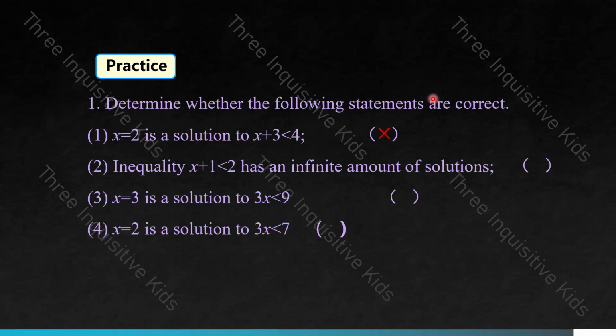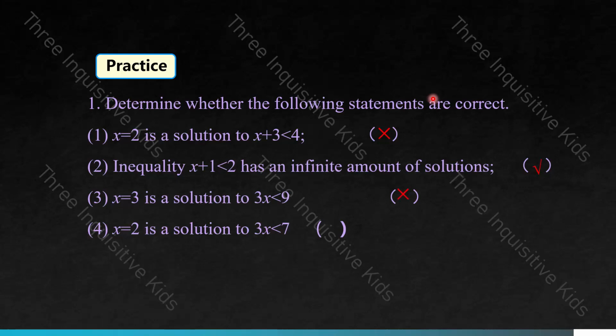The first one would be incorrect, because if you substitute x equals 2 in, it would be 5 is less than 4, and that's just invalid. The next one is correct, because every single inequality will have an infinite amount of solutions. x equals 3 is a solution to 3x is less than 9.